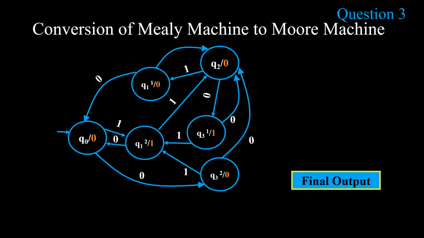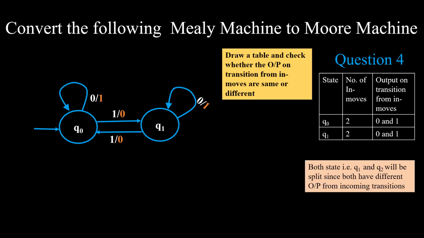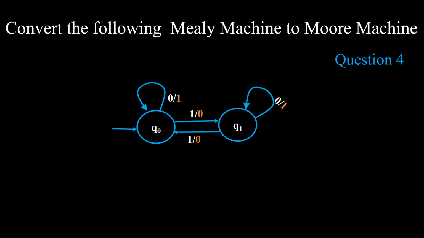Now this is the last question in which we have two states only, and both states have different outputs. Just see in the table, out transition 0 and 1, out transition 0 and 1. That means both states need to be split. So what will be the first step?